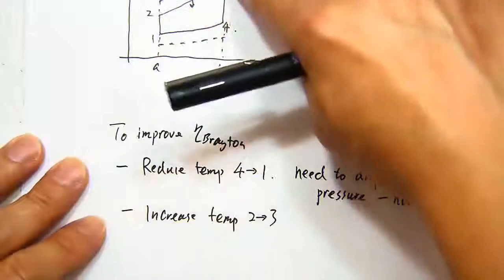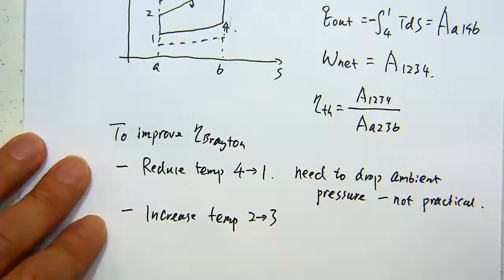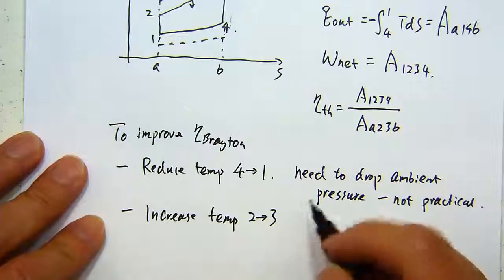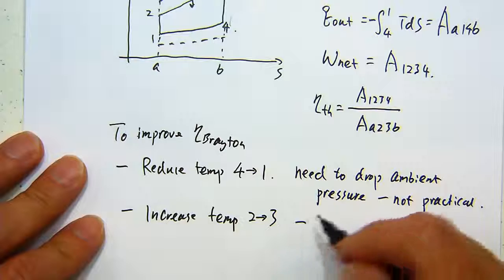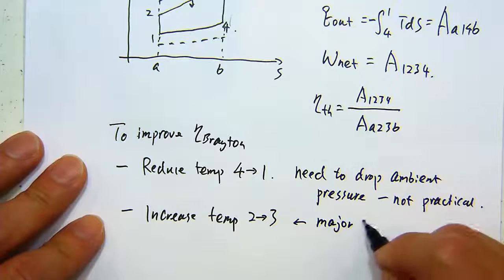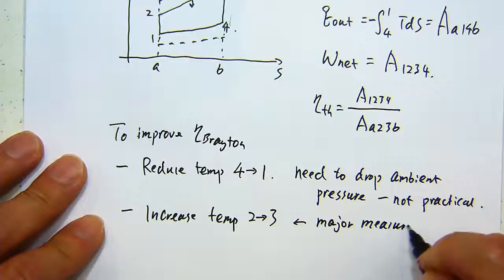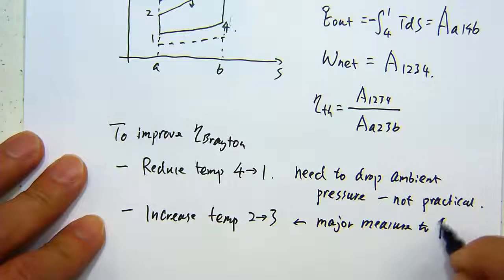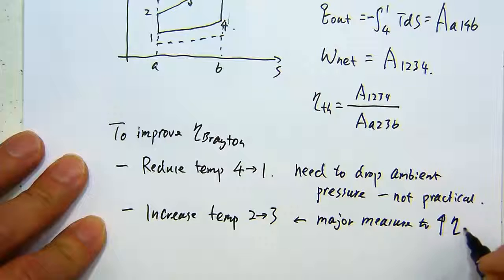So this curve can proportionally go up. So this is possible. This is actually not only possible, that's the major measure to increase the thermal efficiency of the Brayton cycle.